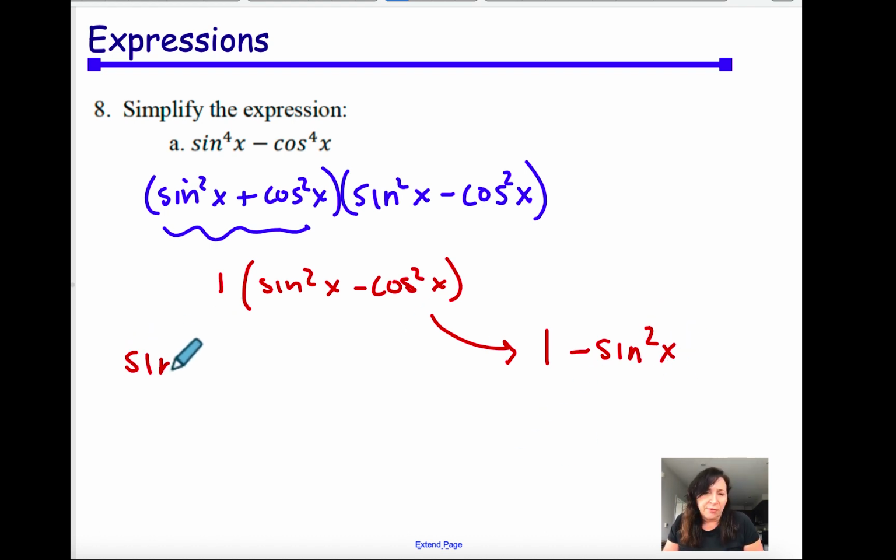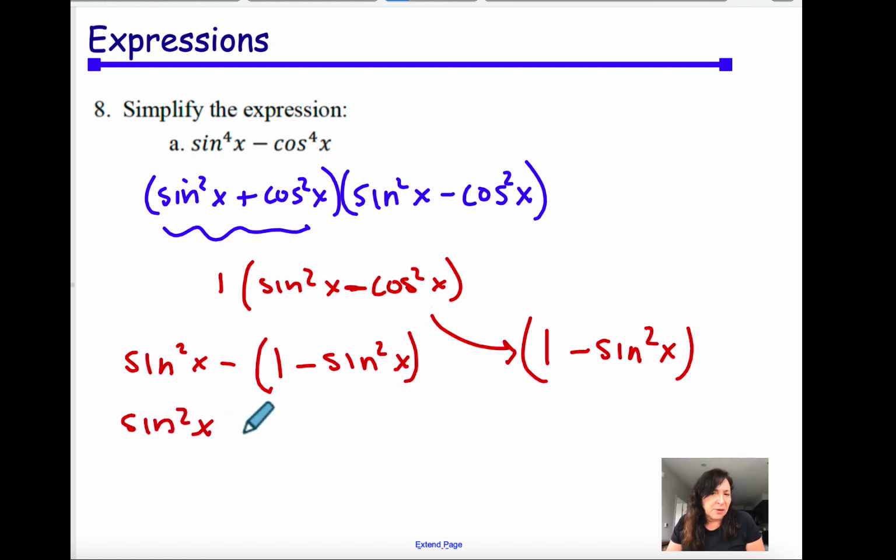I would get sine squared of x minus the quantity. Don't forget, it's the quantity. So minus 1 minus sine squared of x. And so I would get sine squared of x minus 1 plus sine squared of x, and this actually makes 2 sine squared of x minus 1.